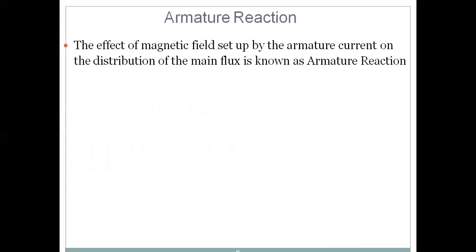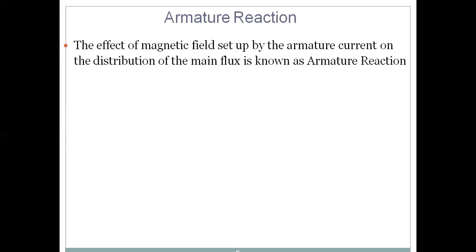Next slide. What is armature reaction? Armature reaction is an effect set up by the armature current on the distribution of main field flux. Simply, it is known as armature reaction.